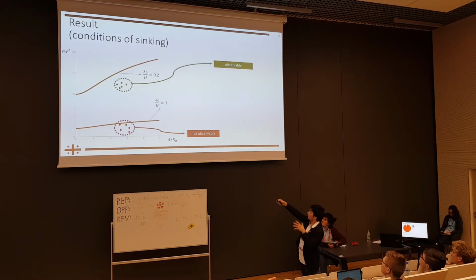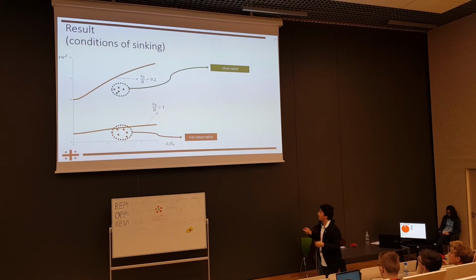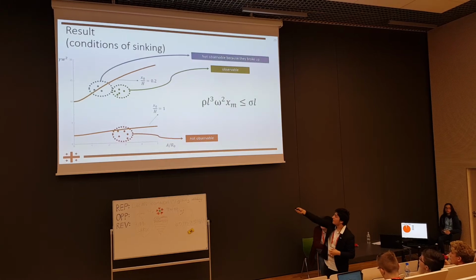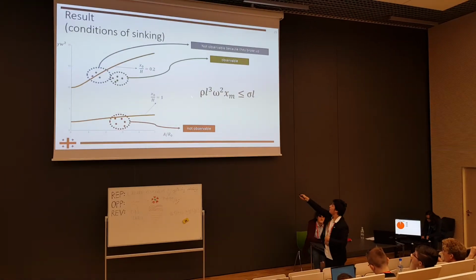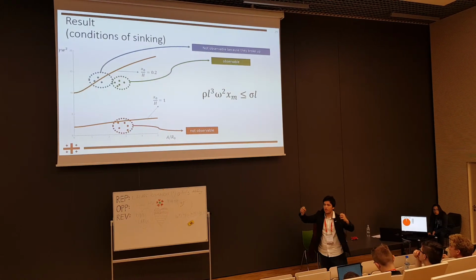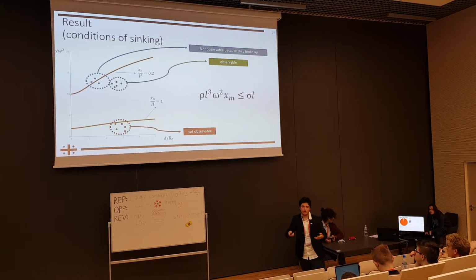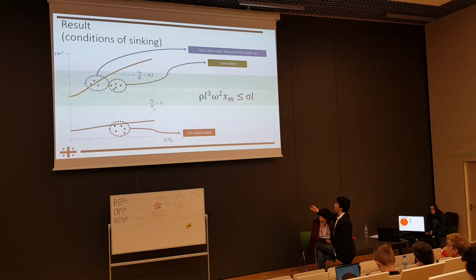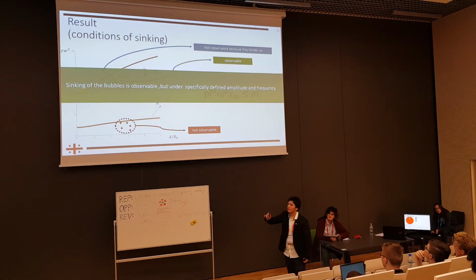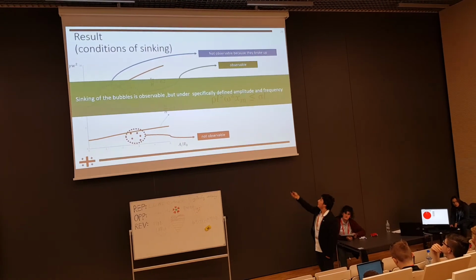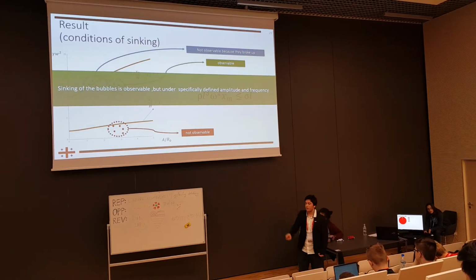These are the points where the bubble sinking was not observable and they were under the boundary condition. But these other points were not observable because of bubble breakup. And when the bubble breaks up, of course, the attachment changes, which changes the whole concept of the problem.